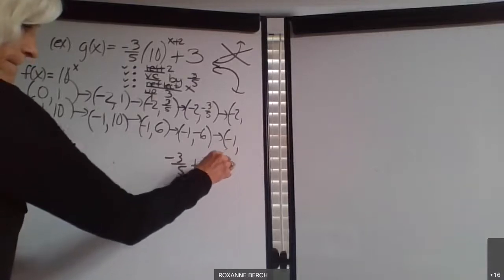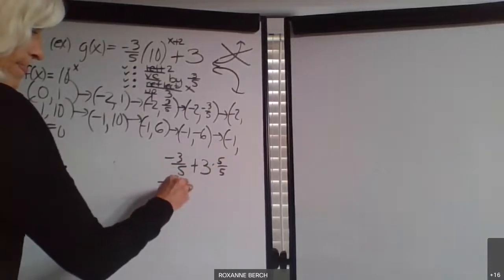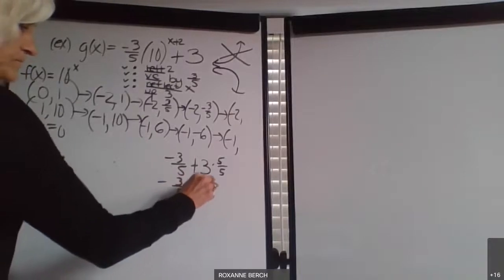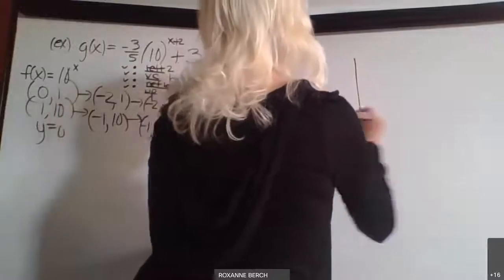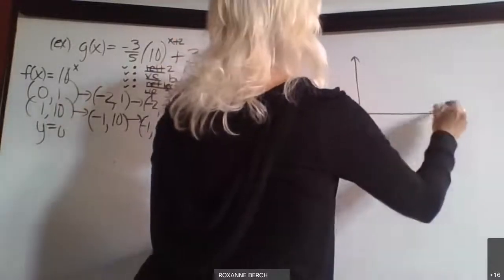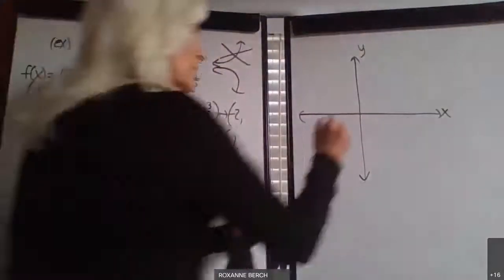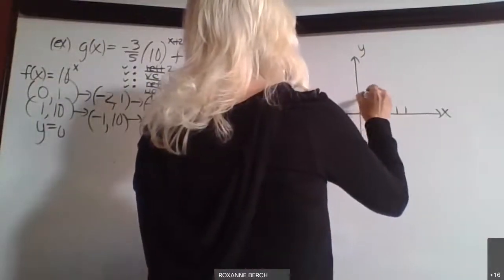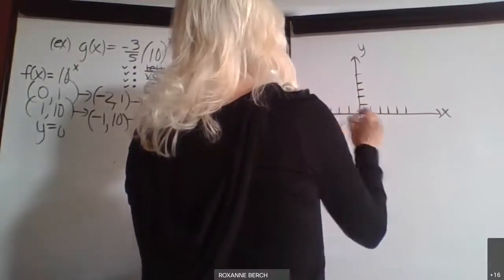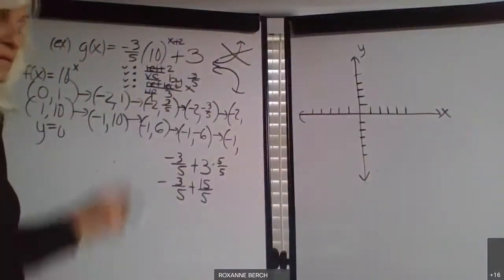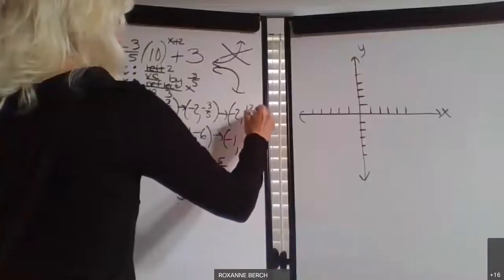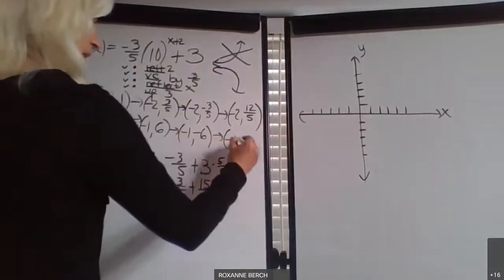So what do you get? 12/5. And then up 3 with that would be a negative 3.